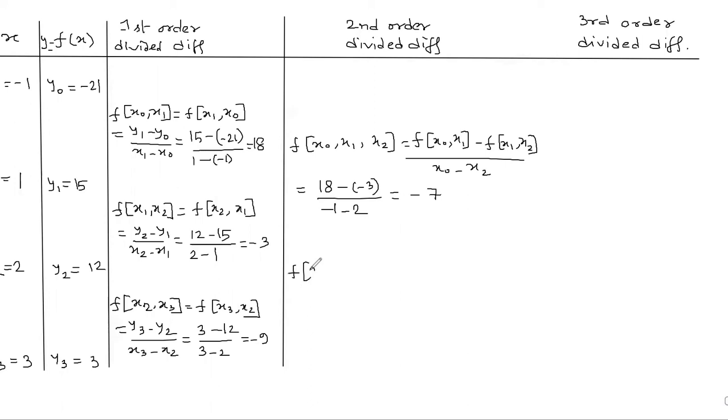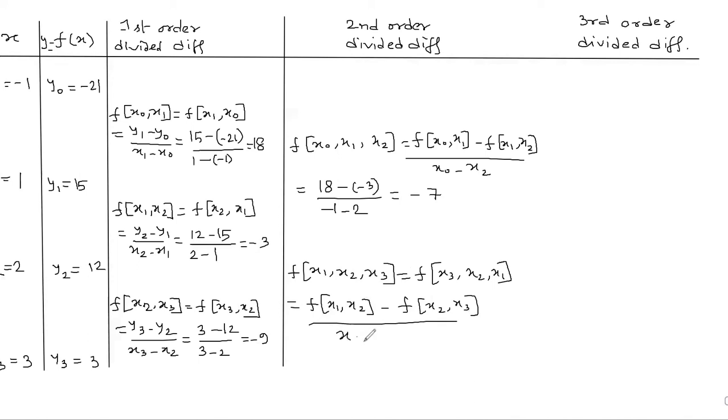f of x1, x2, x3, which can also be written as f of x3, x2, x1, is equal to f of x1, x2 minus f of x2, x3 divided by x1 minus x3.